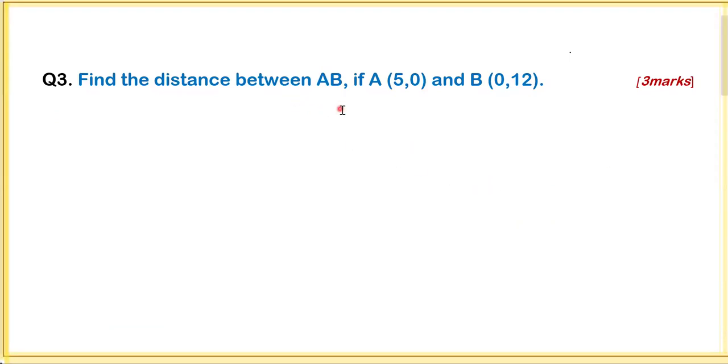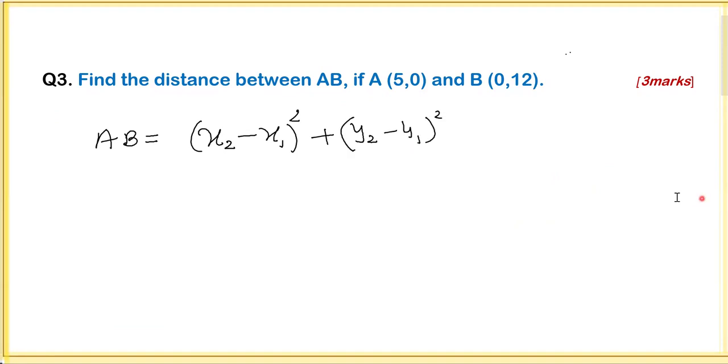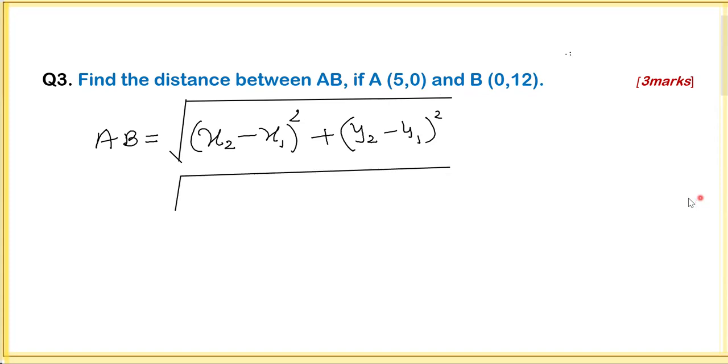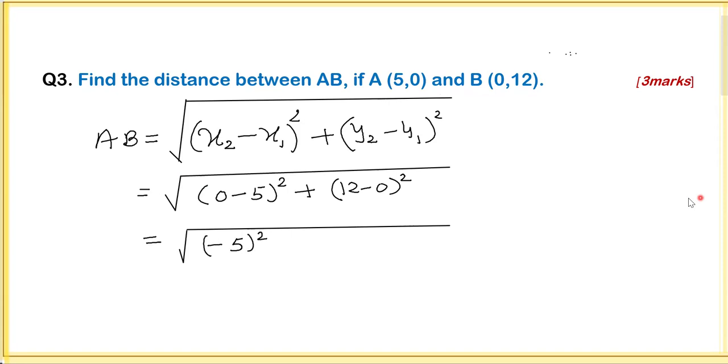Find the distance between the points A and B where the coordinates of A and B are given. We know that the distance formula is given by the square root of (x2 minus x1) whole square plus (y2 minus y1) whole square. So x2 minus x1 is 0 minus 5 whole square, plus 12 minus 0 whole square. 0 minus 5 is minus 5 whole square plus 12 whole square.